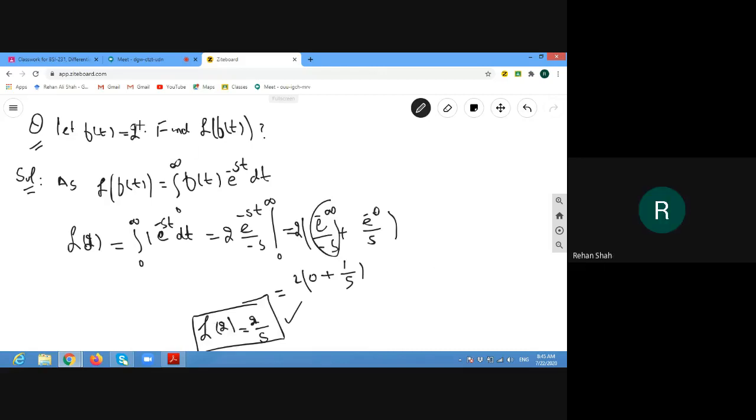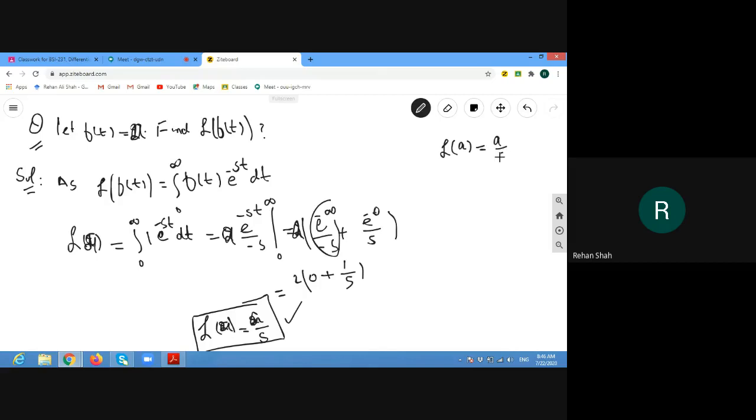Okay. If this is a, where a is any real number, this will become a by s. So write this formula: the Laplace transform of a, any real number, is equal to a by s.